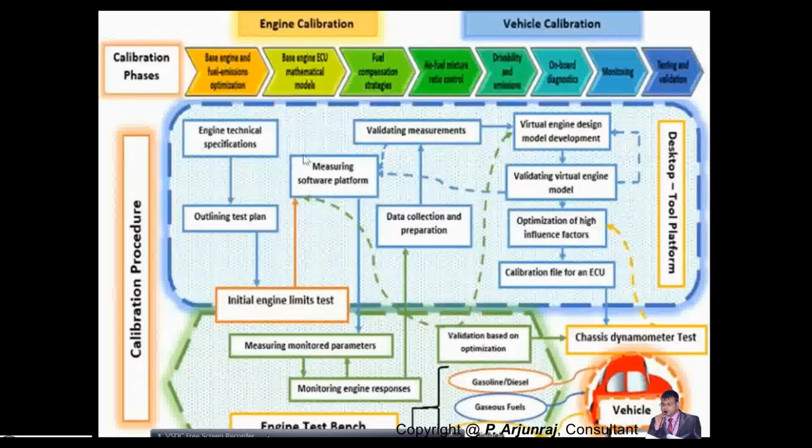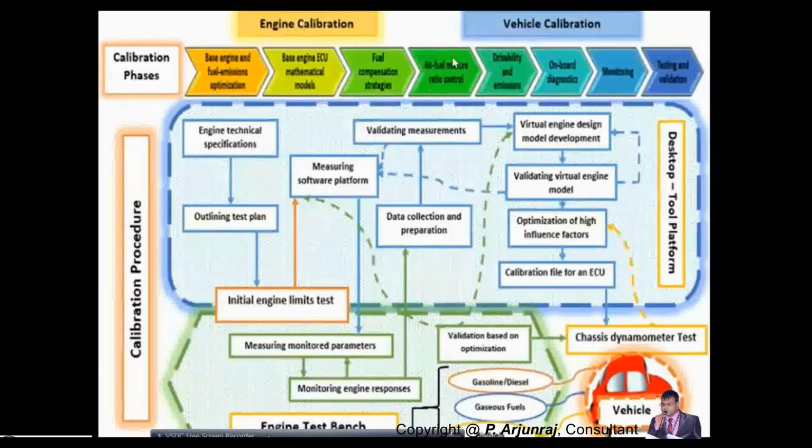Performance indicates the torque and speed, or the power, and this is also applicable for engine emission. They do mathematical modeling to ensure that calibration is done in a more effective manner, so that the emission is also at a low limit. Even the fuel compensation strategy is a part of the engine calibration.